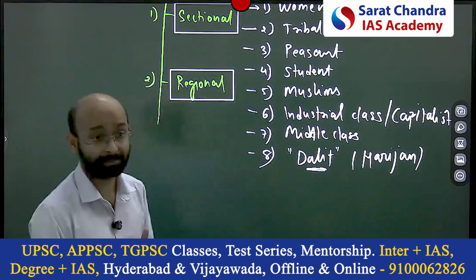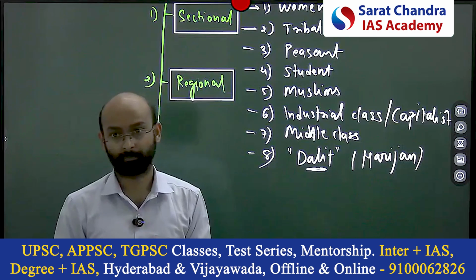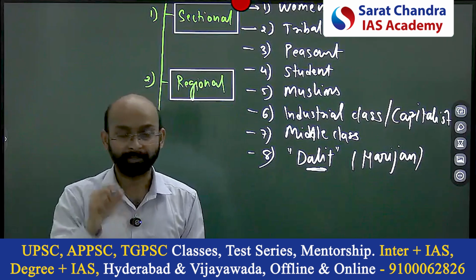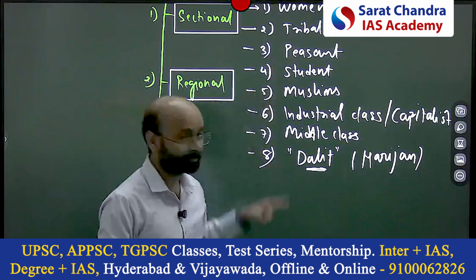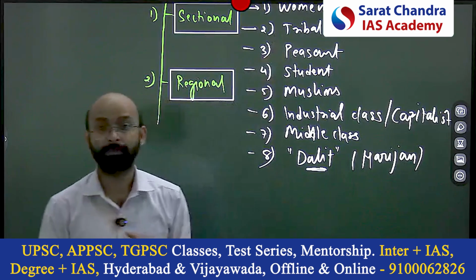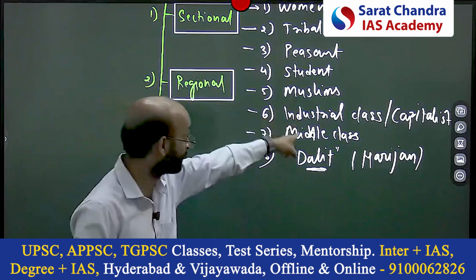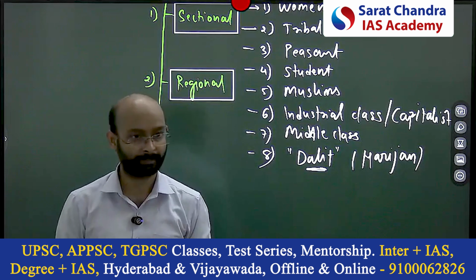Suppose the question is asked directly: analyze the people's participation in the Quit India movement or the civil disobedience movement. This dimension will help you not to think about only women or only the middle class, but to think even about the small classes of society at that point of time.